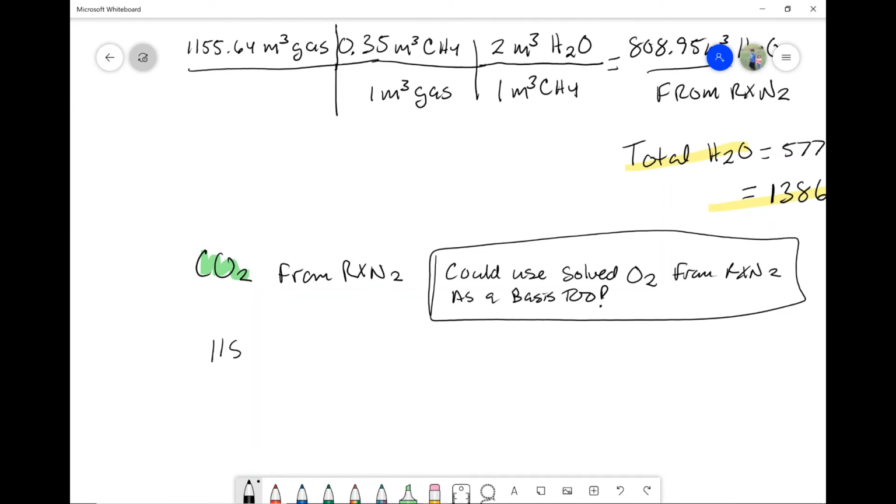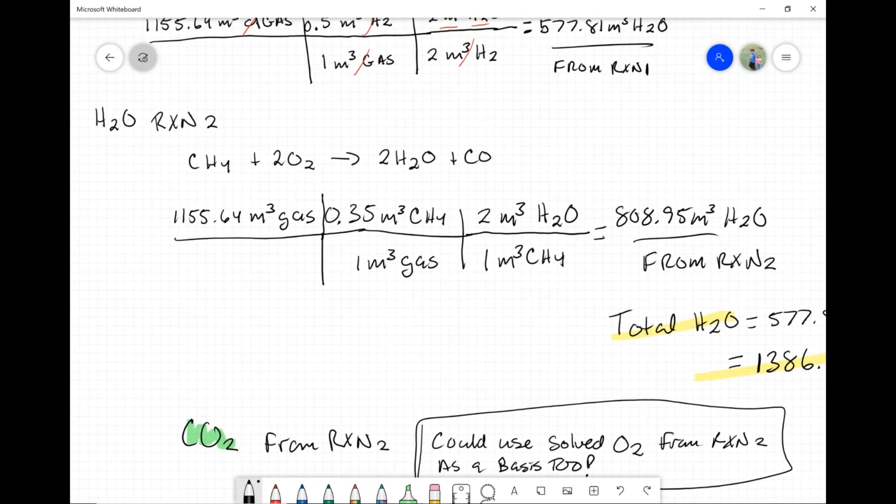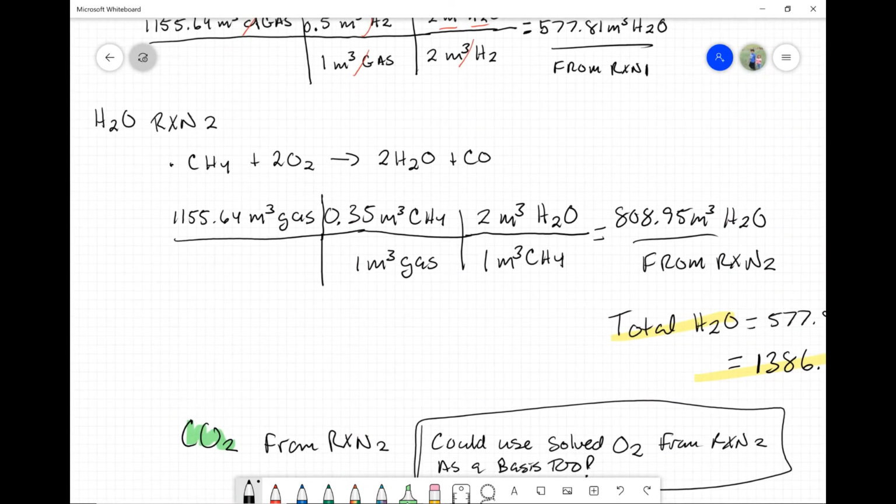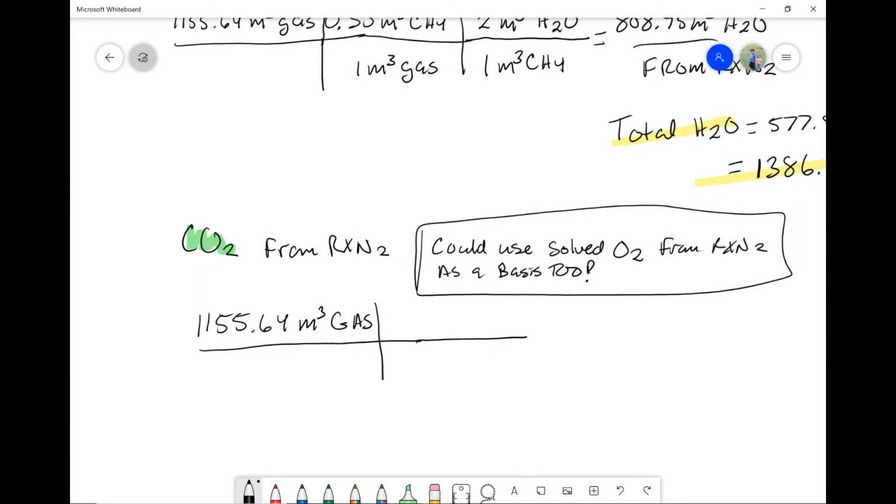The 1155.64 cubic meters of gas. And the reason I'm using it as a basis is because I've already used it as a basis so many other times. And again, this is the same reaction 2. It was 0.35 cubic meters of CH4 for 1 cubic meter of gas.